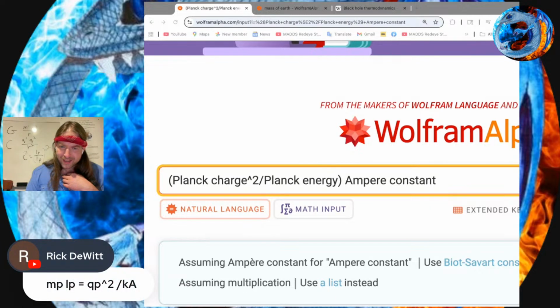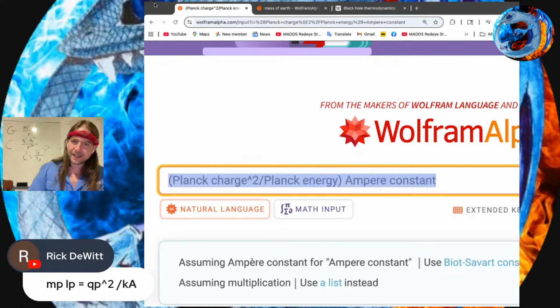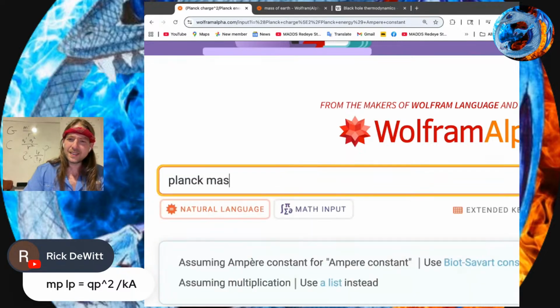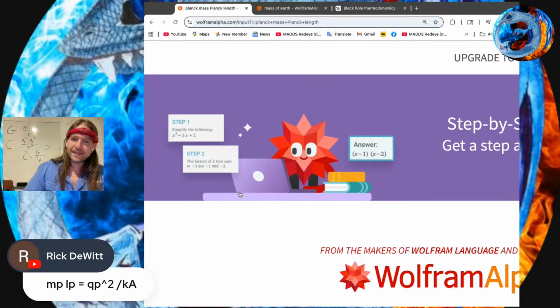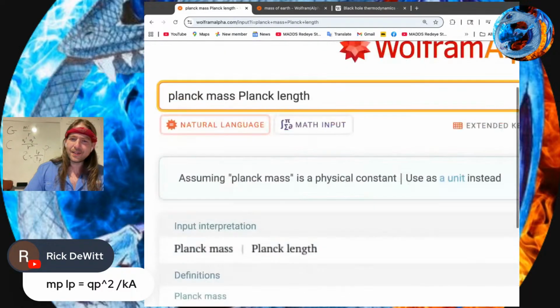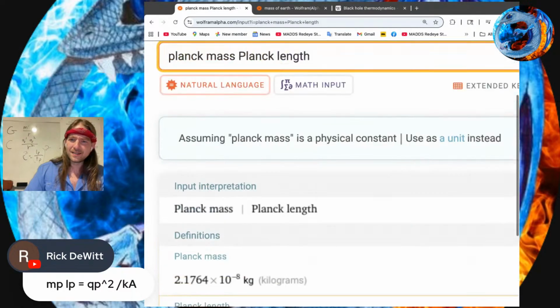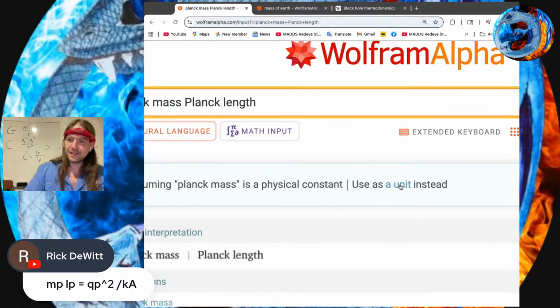Planck mass, Planck length equals Planck's. Let's see. Planck mass, length. It's going to be mass distance like 10 to the 35 units.